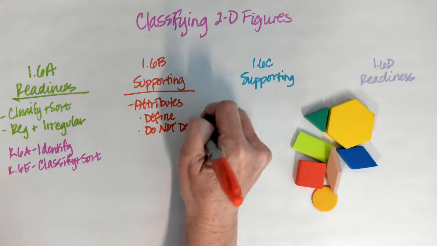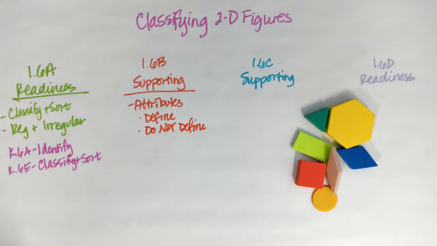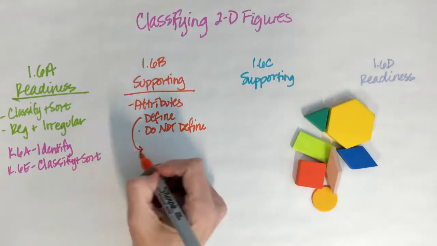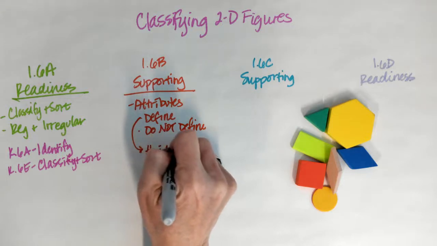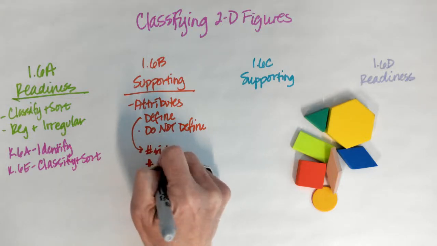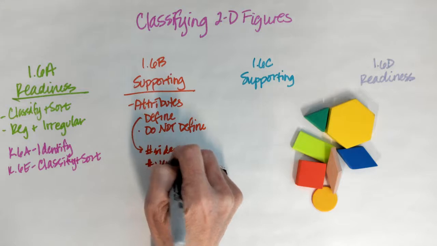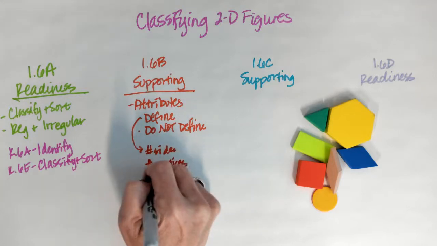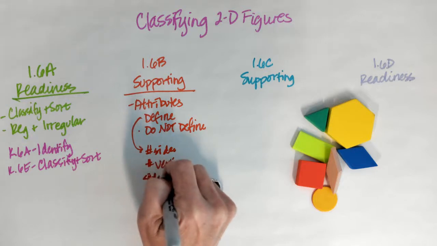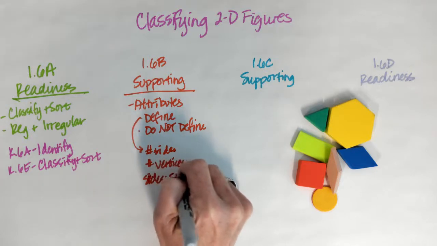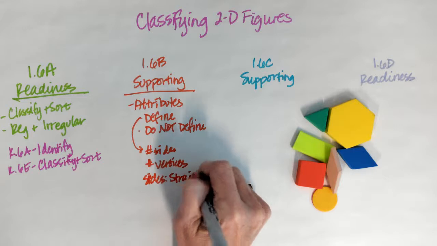So let's talk about what that means. When I'm asking you about the attributes that define a shape, I'm talking about the number of sides, number of vertices. I could ask you about whether the sides are straight or curved. Those are attributes that define the shape.